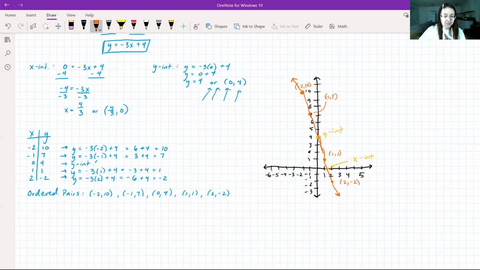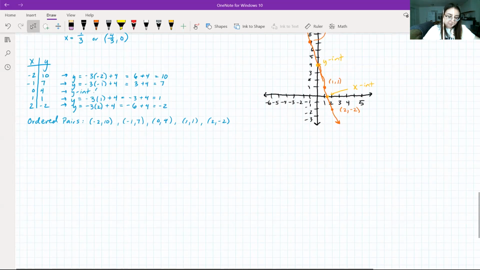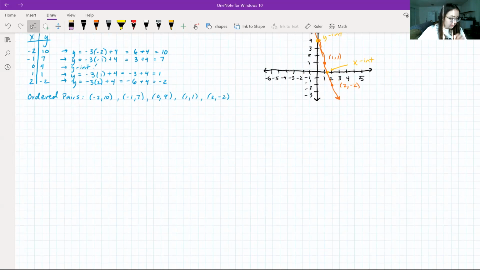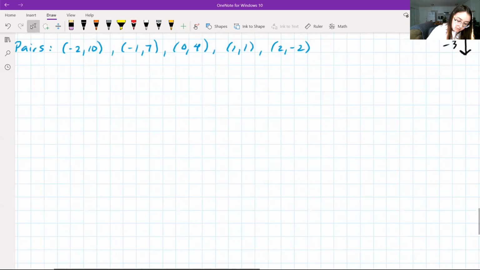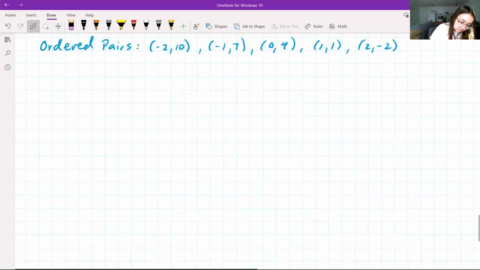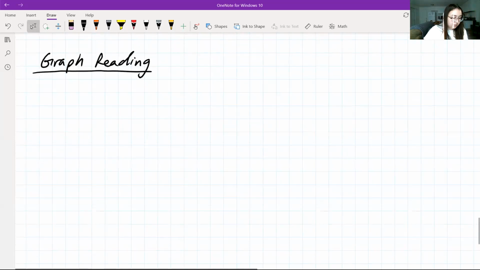All right. So now we can go on and we have here our new section. Graph reading. Oh man, draw a G. There we go. So now I have graph reading.